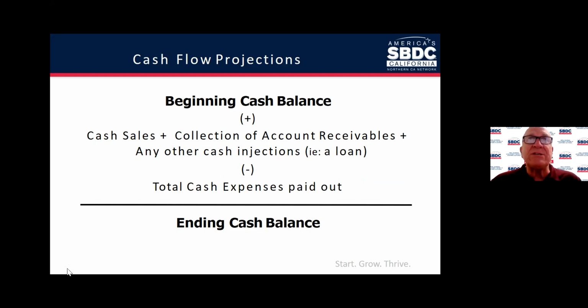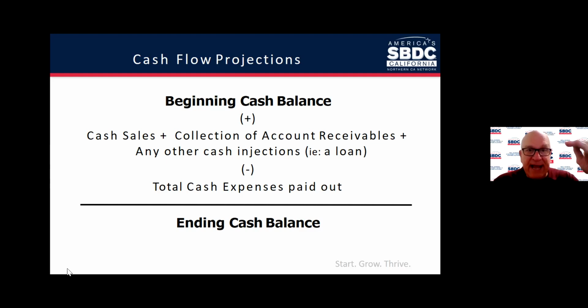Okay, so how does cash flow work? Well, it starts with a cash balance. Maybe you're going to throw some money into the pot, okay, of your own in a startup, or maybe you're going to borrow money and have a loan that's going to throw money into the pot as a startup. Then you're going to spend some of that money for equipment and whatever else you're going to use it for, first, last, on the rent, whatever.